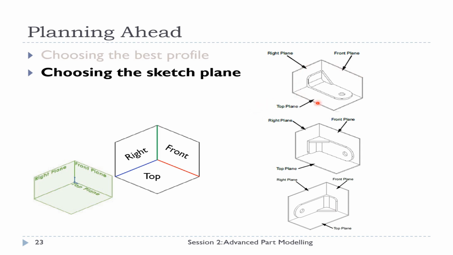So let's have a look at this example. So if you choose your best profile as the base of this part, your part orientation would be different if you choose top plane or front plane or right plane as your sketch plane to start with.